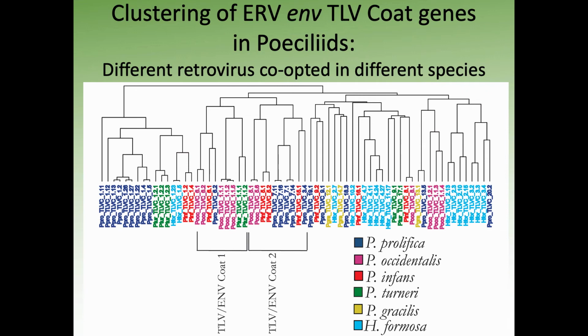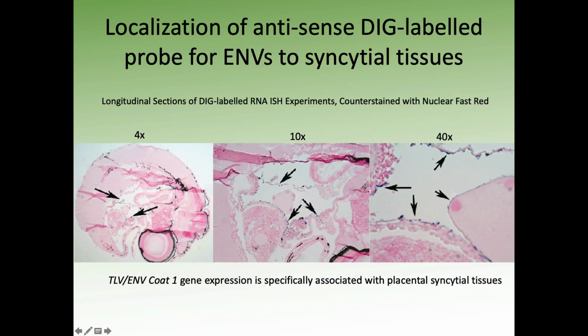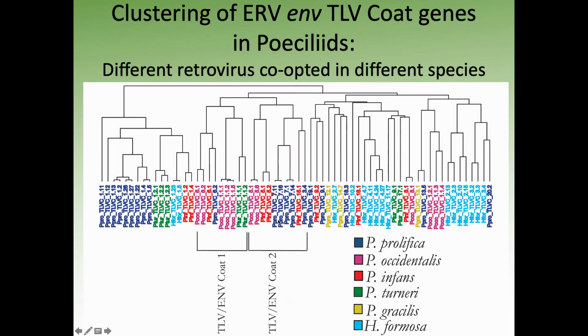And what's really neat to us is that if we look at all the different types of envelope coat proteins that we're able to find, different organisms tend to have different lineages of these retroviral genes that they're expressing. So some of them have one lineage and another will have another lineage that they're expressing.